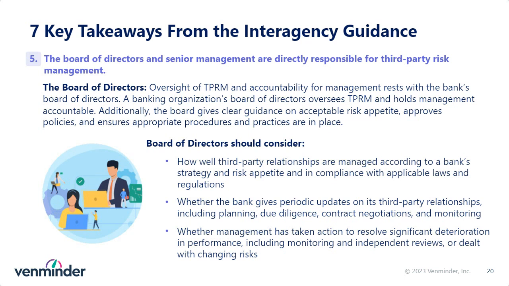Okay, so one of the things that the guidance really emphasizes is the responsibility of the board and management. So basically, the board and senior management, the buck stops with them on third-party risk management. The board of directors is really all about oversight and holding management accountable. They should make sure that they are giving clear guidance on an acceptable risk appetite, approving policies, and making sure that everything is working as it should.